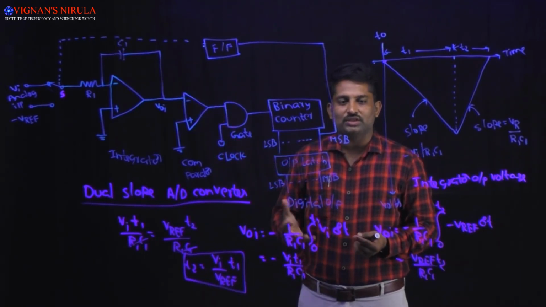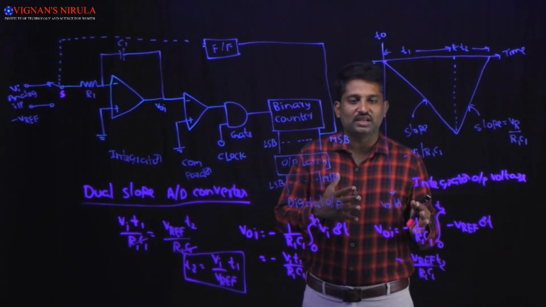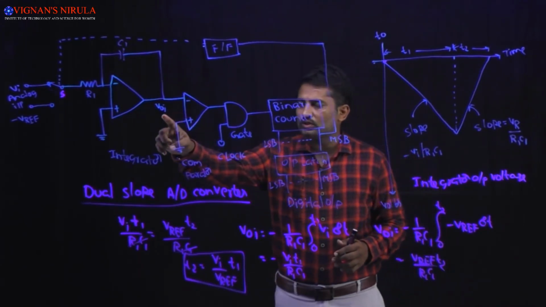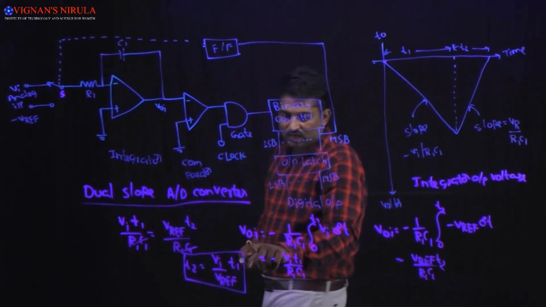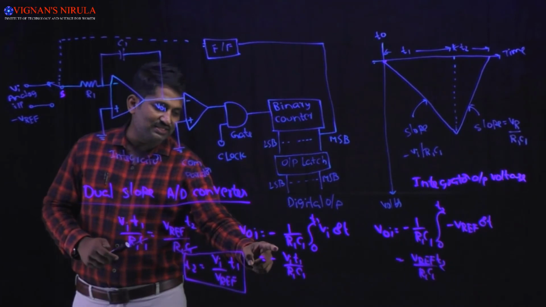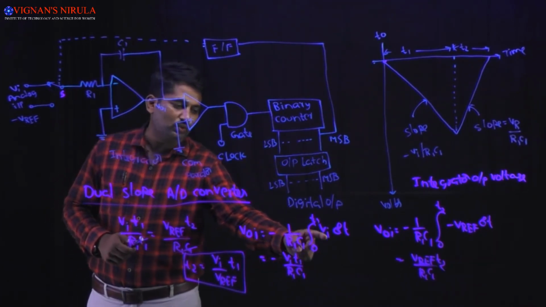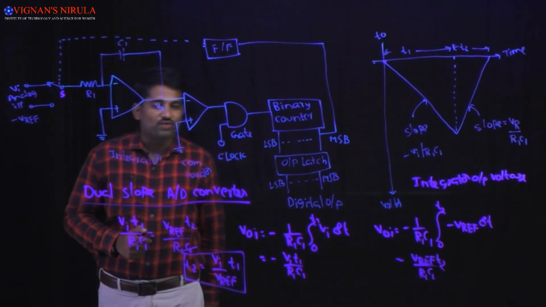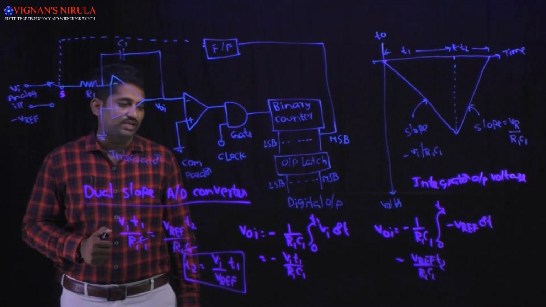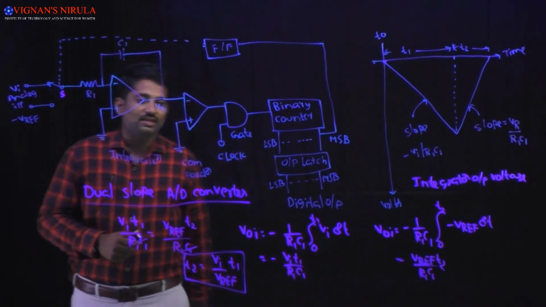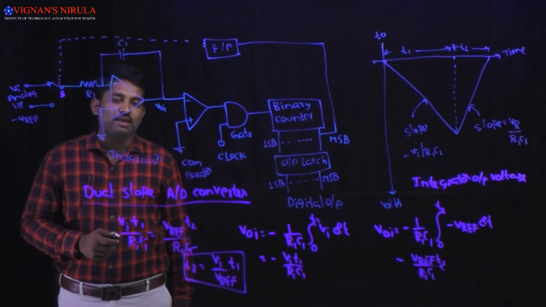The integration of the analog input voltage Vi starts, and the output voltage of the integrator is V0 I equal to minus 1 by R1 into C1, integral from 0 to T1 of Vi dt, where R1 and C1 are the integration time constant and Vi is taken as a constant throughout the integration time period.